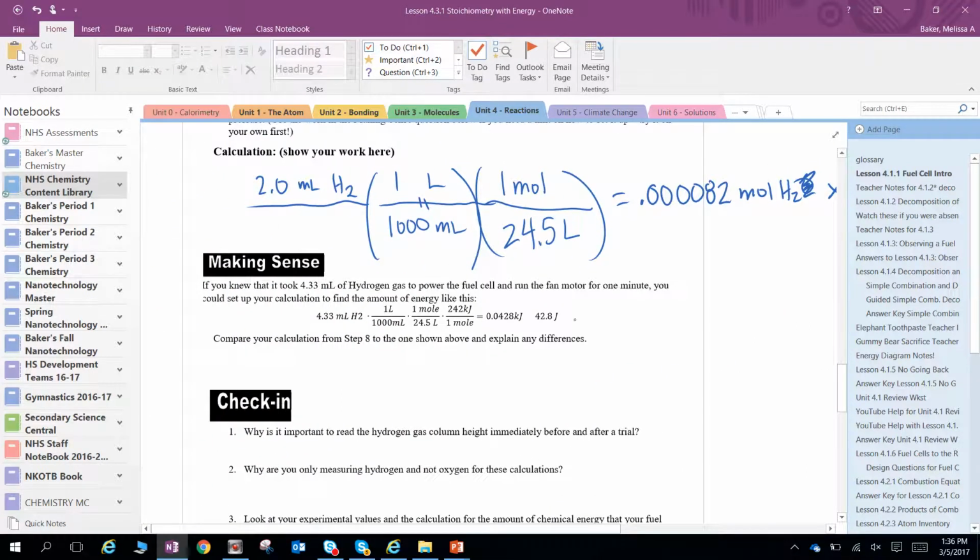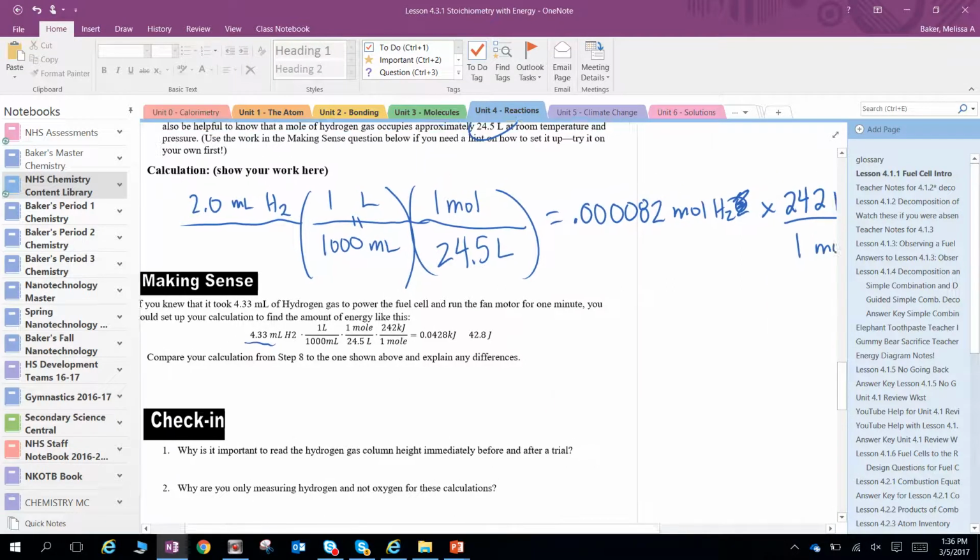So in the Making Sense section, it says if you knew it took 4.33 milliliters of hydrogen gas to power that for 1 minute, you could set up your calculation like this. It says compare your calculation with the one that is shown here and explain any differences.